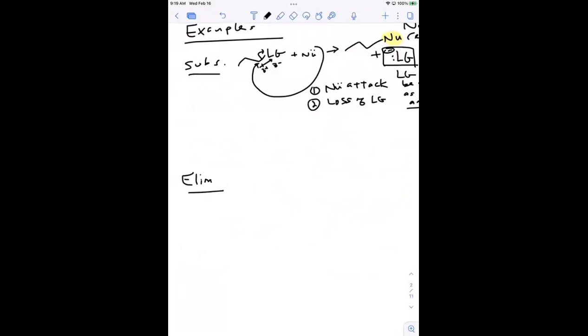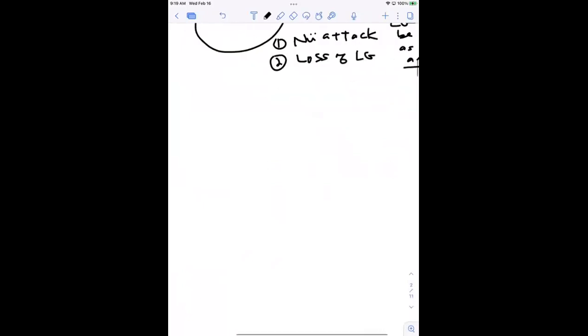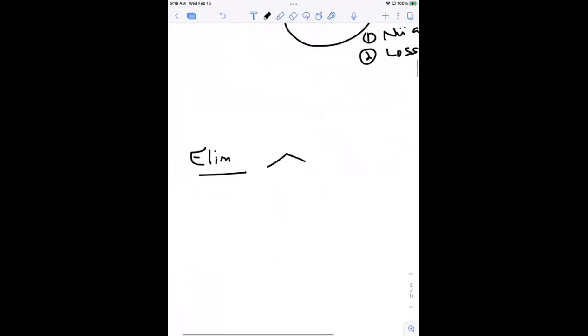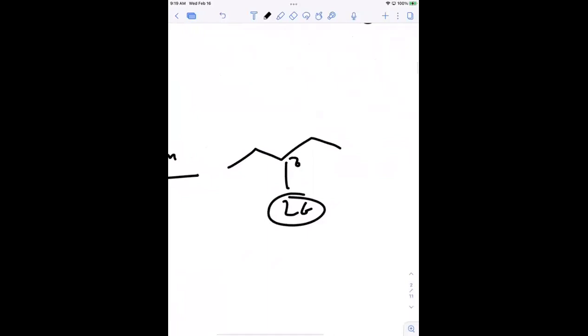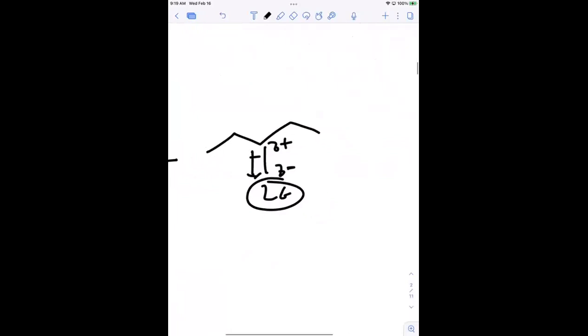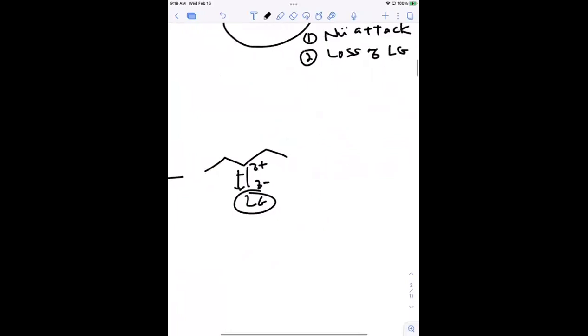Always a double bond or a multiple bond, because a triple bond can also be the result of elimination. You're absolutely right. So for an elimination, I'm just going to take this and make my leaving group here. Still the same principle. This is partially positive, this is partially negative, and there's a dipole in the direction of the leaving group. That's your guiding factor as to what happens when this elimination occurs.